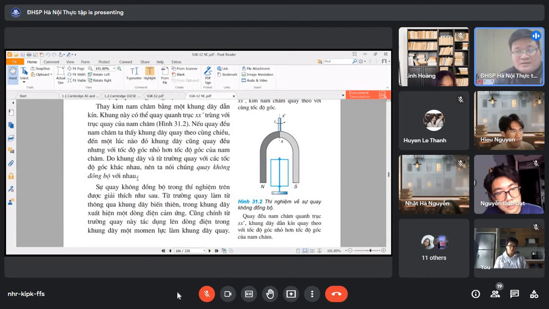So for the case of figure 31.2, I asked Hill to predict what happens when we rotate the U-shaped magnet, and we can observe by doing the experiment.